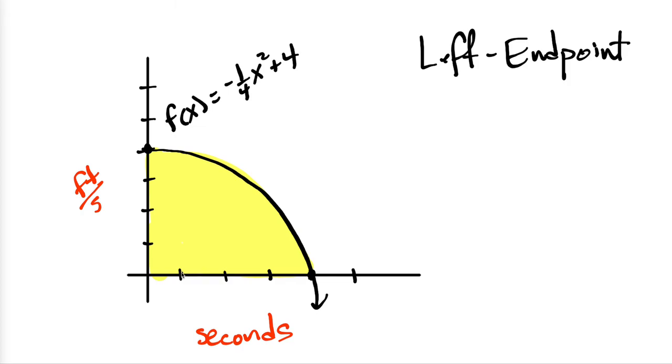Now, if I drag the same rectangle, but I stop right here, this is going to be known as right endpoint. So that would be one method for estimating the area.